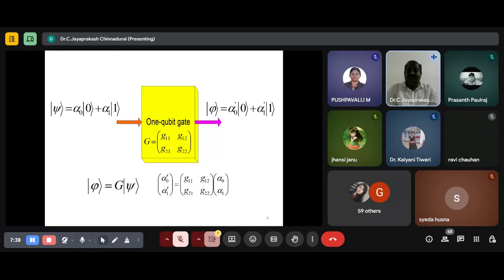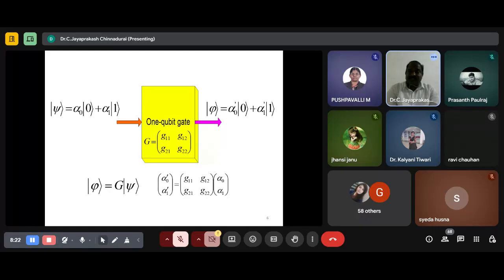So if you give that input, there is a one qubit gate. So what is the output? In that gate, we represent G11, G12, G21, G22. So it will be the output. Once the input is given to the one qubit gate, the output is ket psi equal to alpha 0 dash of the 0 state plus alpha 1 dash of the 1 state. Adding these two states, we get the output, that is alpha 0 dash, alpha 1 dash.